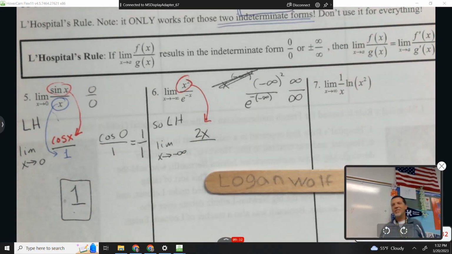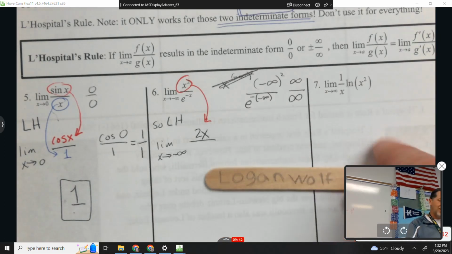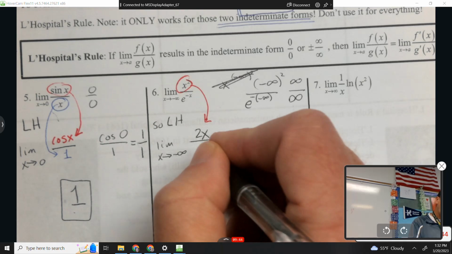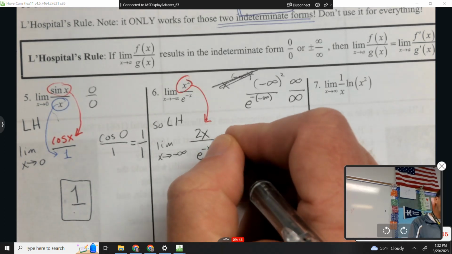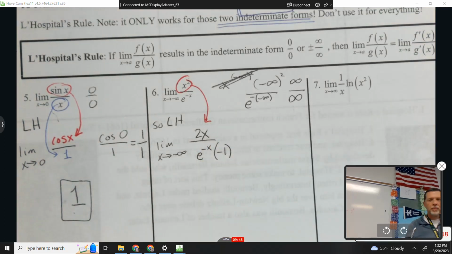Logan, you get the harder one. What's the derivative of e to the negative x? Don't worry. The derivative of e to something is e to the something times the derivative of the something. Oh, yeah. So let's try again.